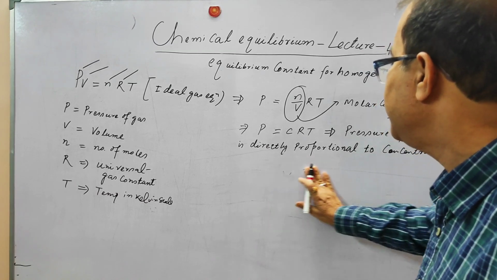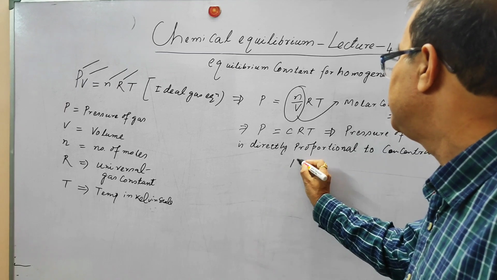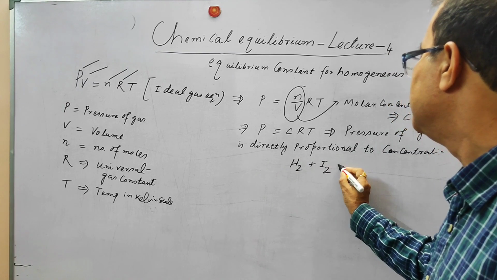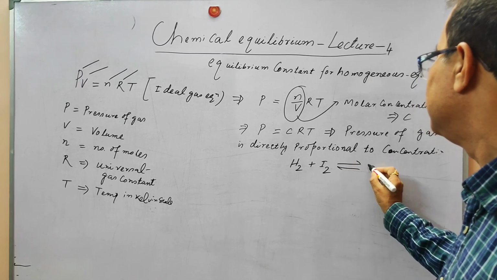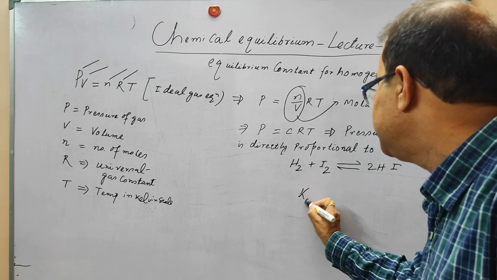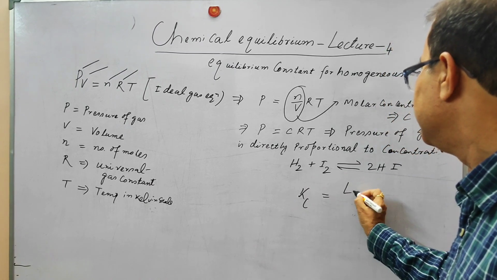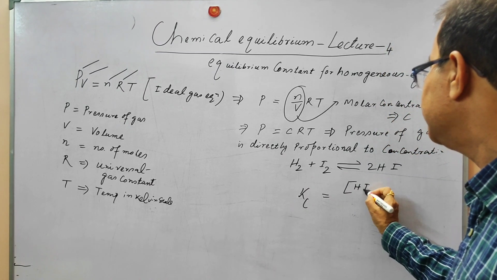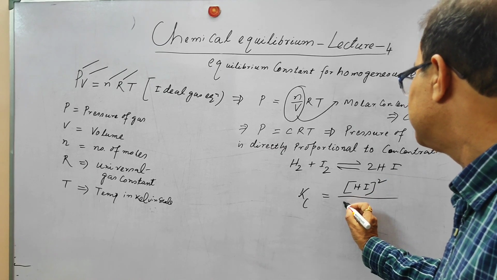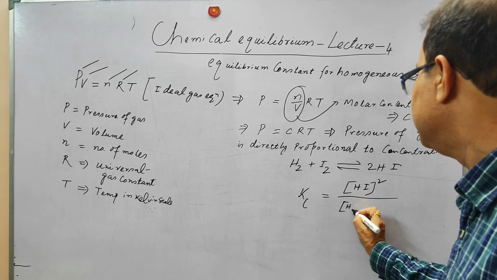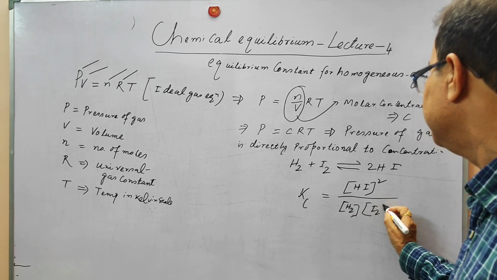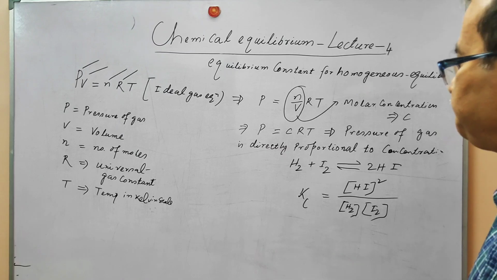Suppose we are taking the equation H2 plus I2 gives 2HI. For this equation, Kc will be the concentration of HI, the whole square, divided by the concentration of hydrogen and the concentration of iodine. This is the Kc.